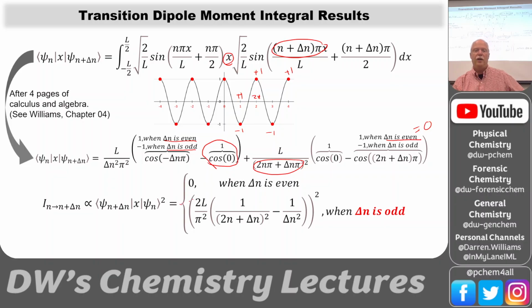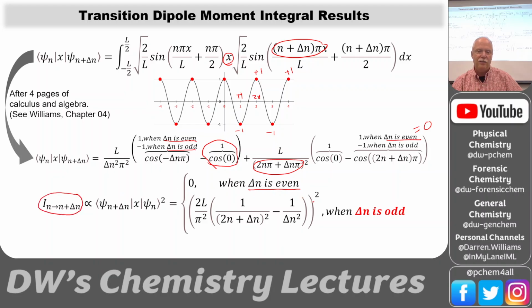So we put in those values of even and odd delta n's, and so we have these. So both of these cancel out. They go to 0 when delta n is even. And then they equal this piece when delta n is an odd number, I should say. And so this is our intensities.